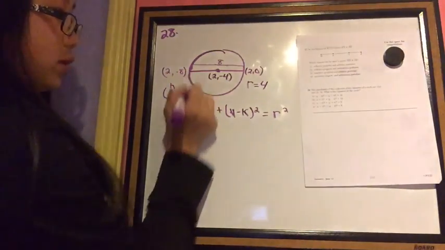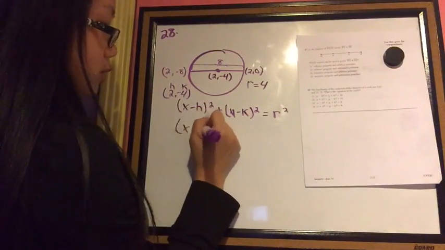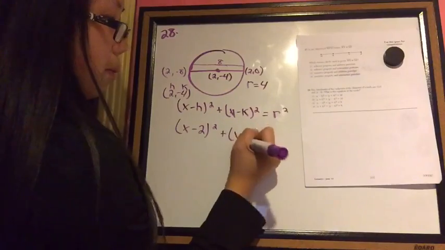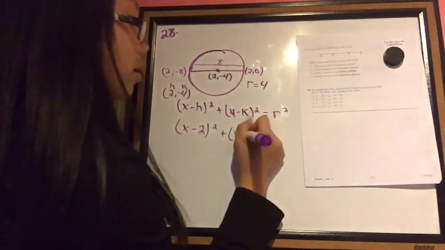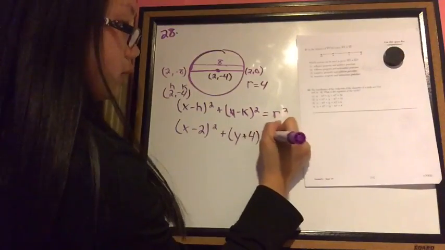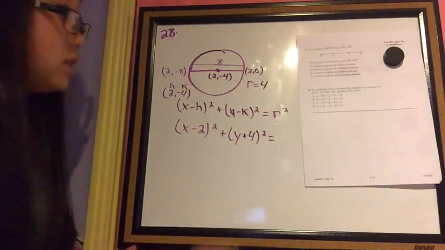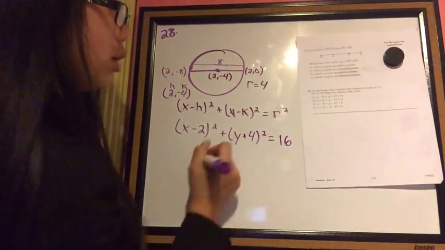This is the h value and this is the k value. So (x minus 2) squared plus (y minus -4), which is actually adding, so (y plus 4) squared is equal to radius squared, which is 4 squared, which equals 16. So that would be number 1.